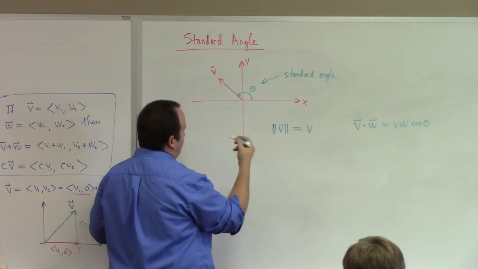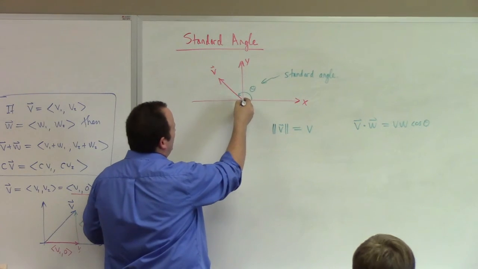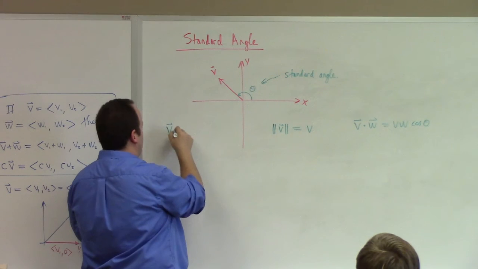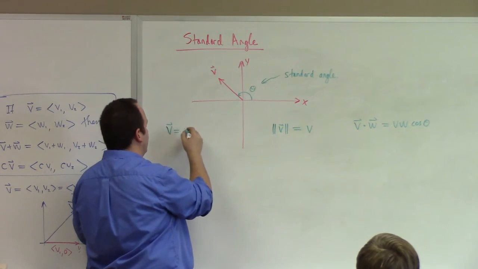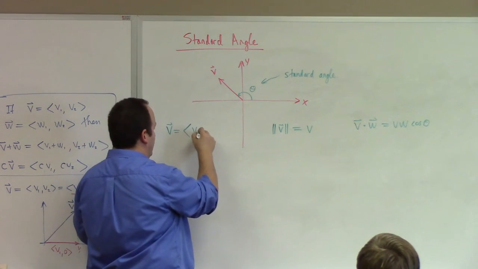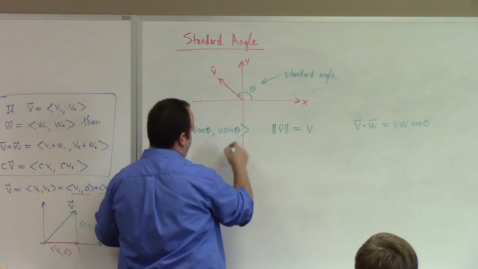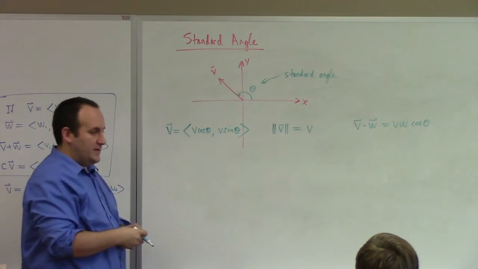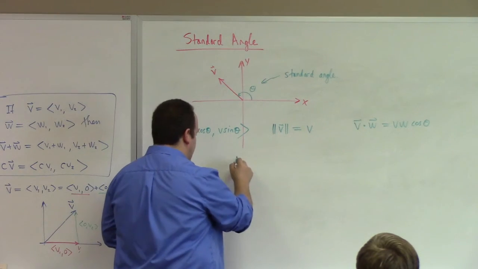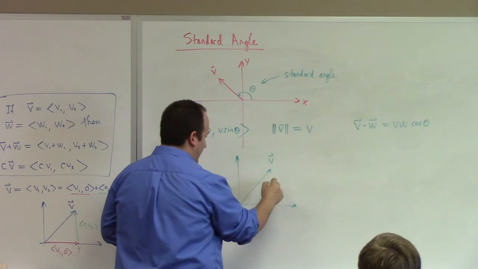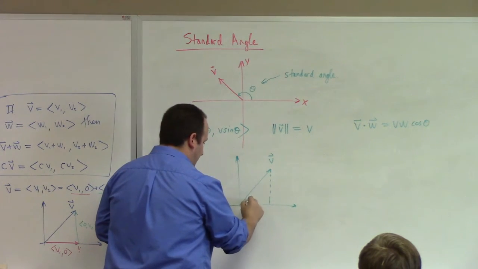All right, so let's work it out. You can work it out that this is basically a theorem: the vector V is equal to V cosine theta, V sine theta. Let me draw the picture where it's least confusing, in the first quadrant here. You've got theta.